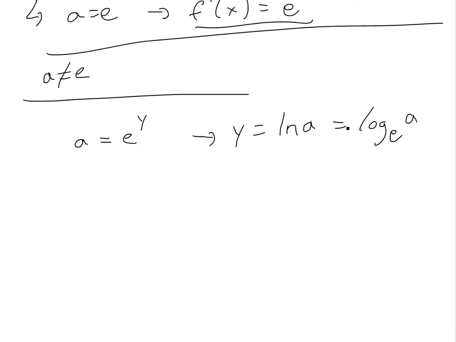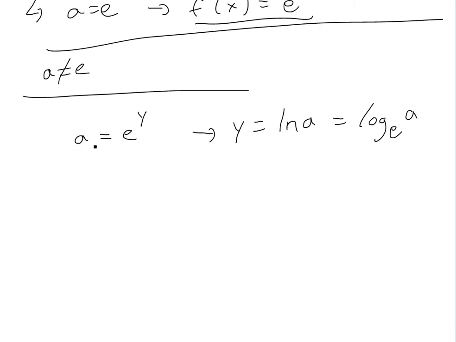You can see my other video on natural logs. The basic definition is if you have any number equals e to the y, then y equals ln a. So a is equal to e to the ln a.